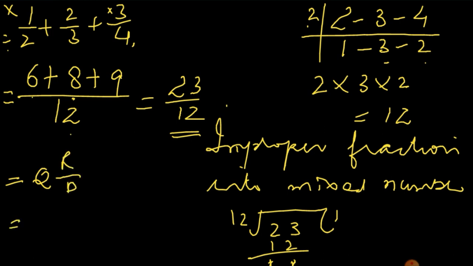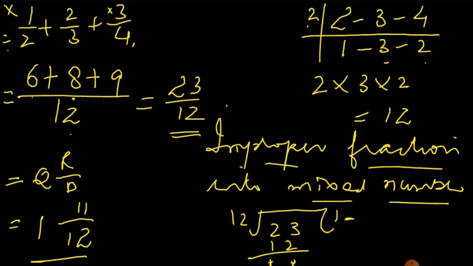Always remember, when an improper fraction is converted into a mixed number, we write quotient, then remainder upon divisor. Here the quotient is 1, the remainder is 11, and the divisor is 12. So we got the answer 1 and 11 upon 12. So this is our answer as a mixed number. I hope you understand.